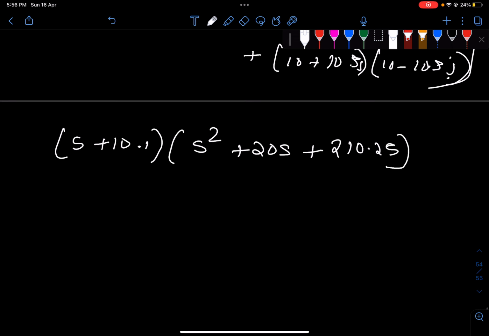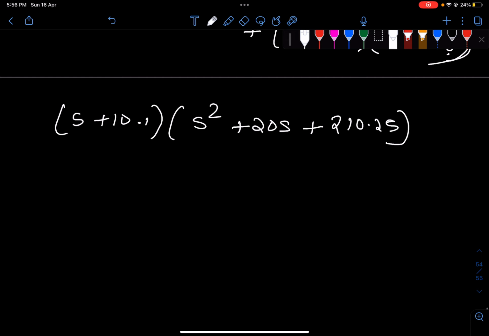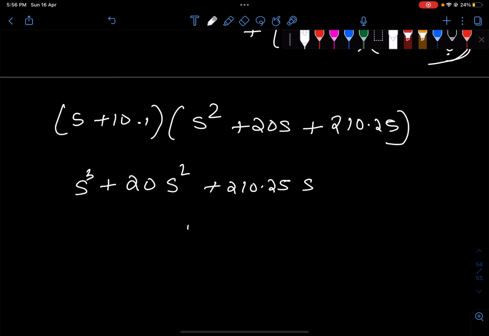Yeah. So again multiplying, s cube plus 20 s square plus 210.25 s plus 10.1 s square, and this is what.